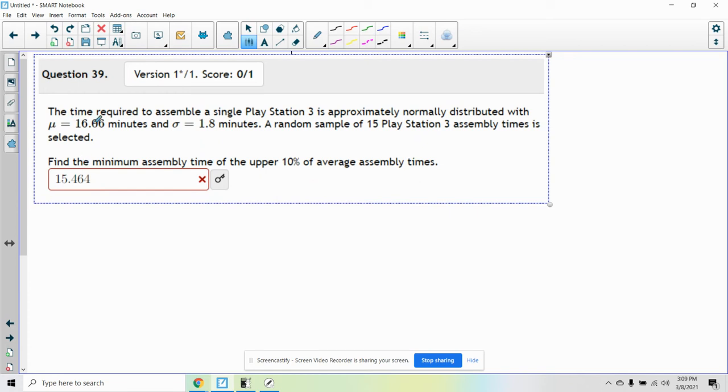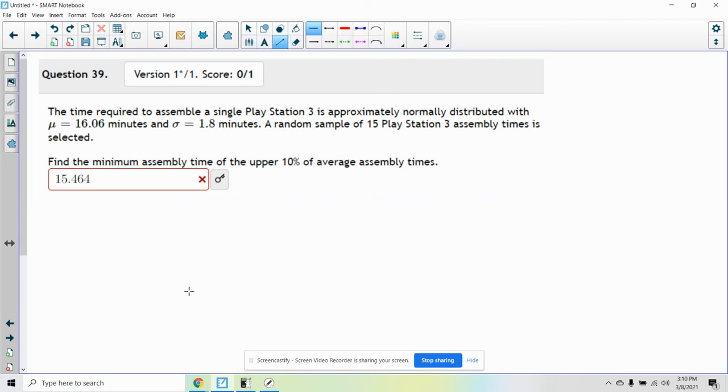And the last one, the time required to assemble a single PlayStation 3 is approximately normal. Mu is 16.06 and sigma is 1.8. A random sample of 15 PlayStation 3 assembly times is selected. Find the minimum assembly time of the upper 10%. Let's do it again. Here's our curve.